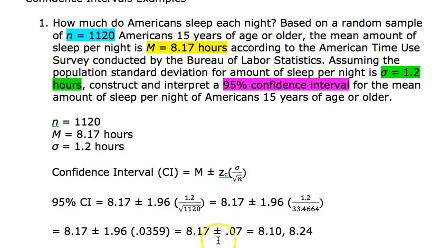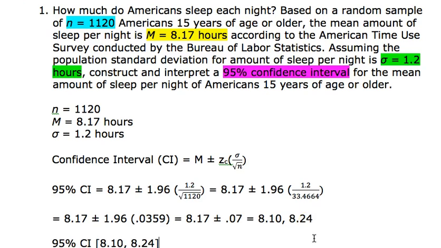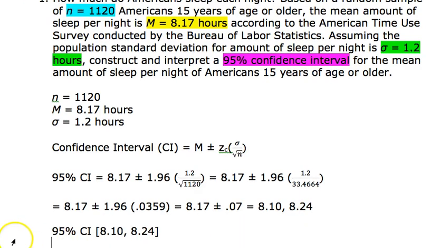So I start with subtracting 0.07 from 8.17, which gives me 8.10, and then I add them together and I get 8.24. So our 95% confidence interval looks like this: 95% CI bracket 8.10 comma 8.24 end bracket.